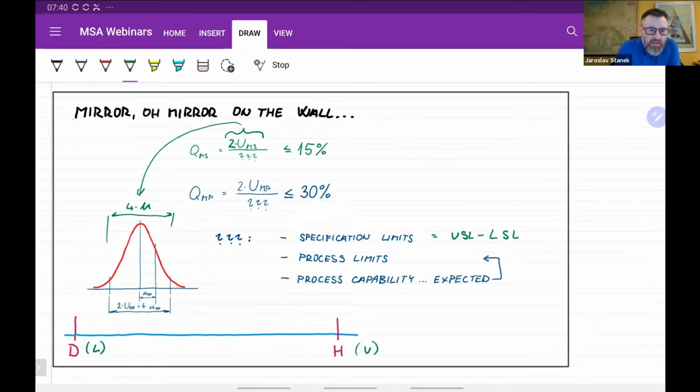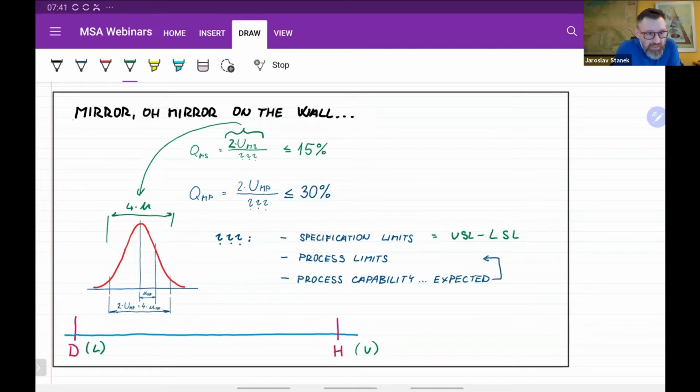And this is the most usual one. We usually know what the specification limits of the parameter are. We know it from the drawing. And the usual standards, particularly the VDA 5, the German standard, and the subsequent ISO standards are actually giving limits to these values.